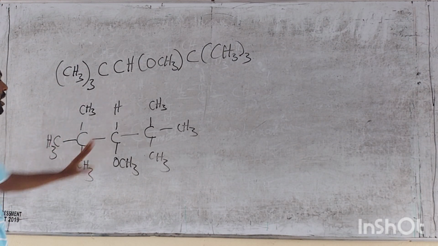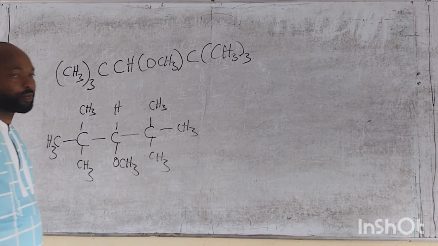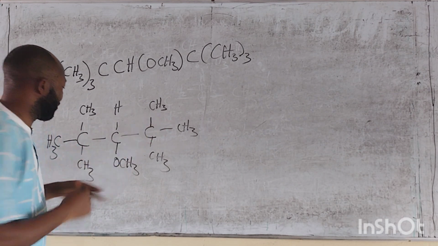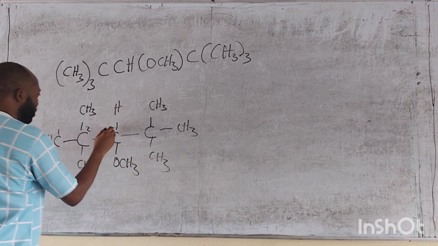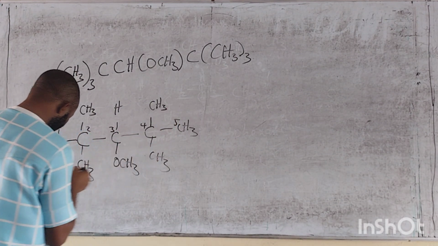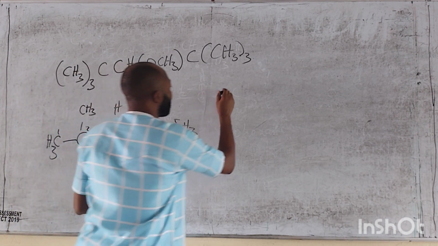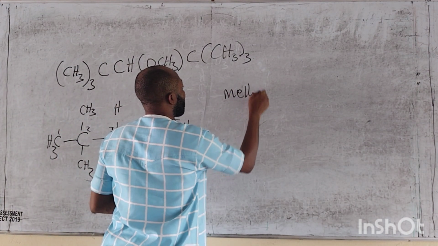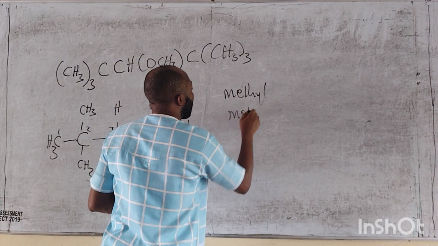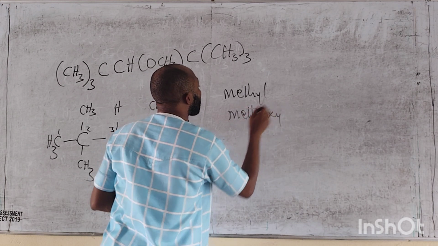Now let us name this. From either side, they are the same. So let's just move: 1, 2, 3, 4, 5. Now, methyl and methoxy. Which one comes first?